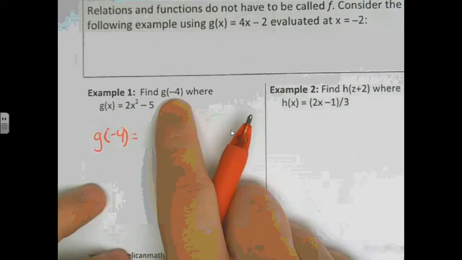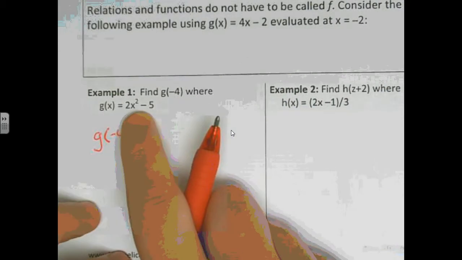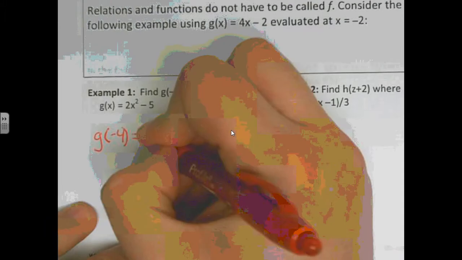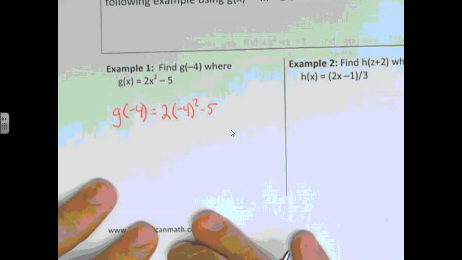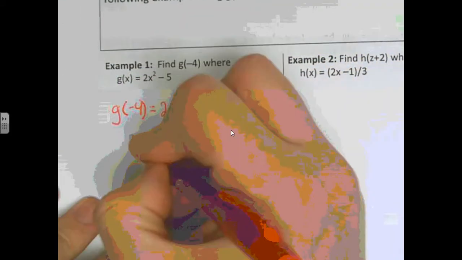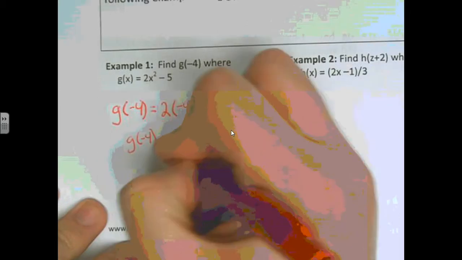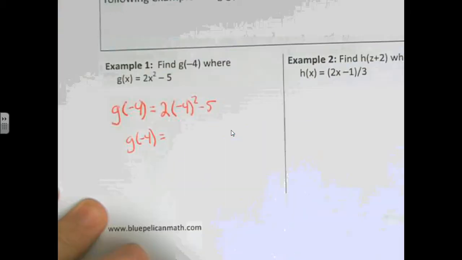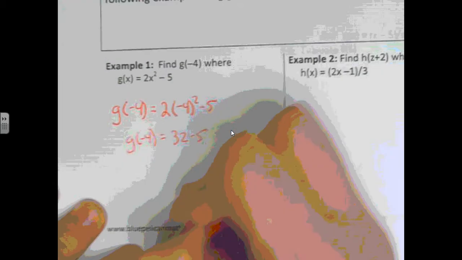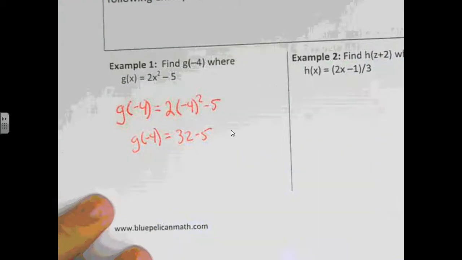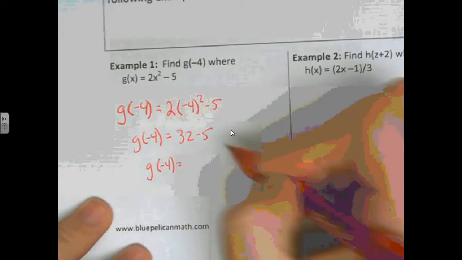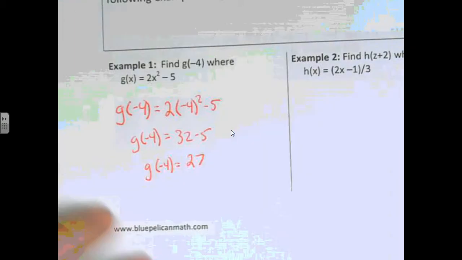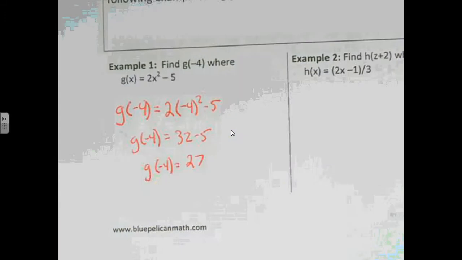So whenever I see the x in the equation, I'm going to put in what? -4. There. That's it.